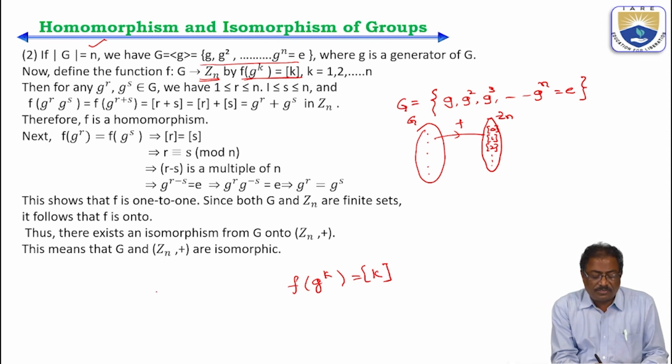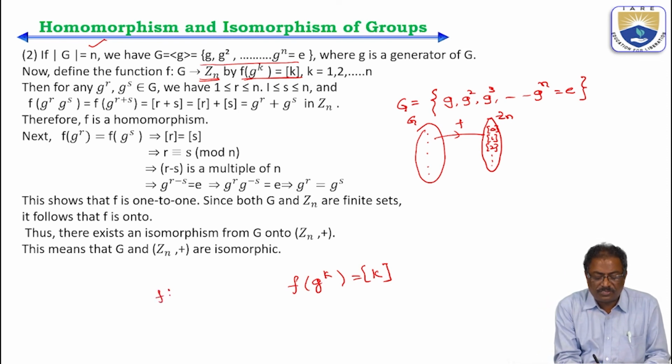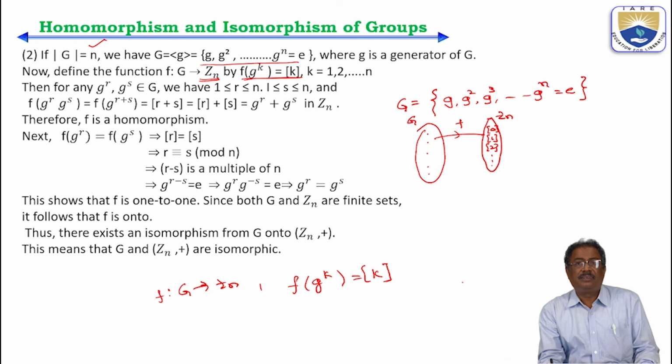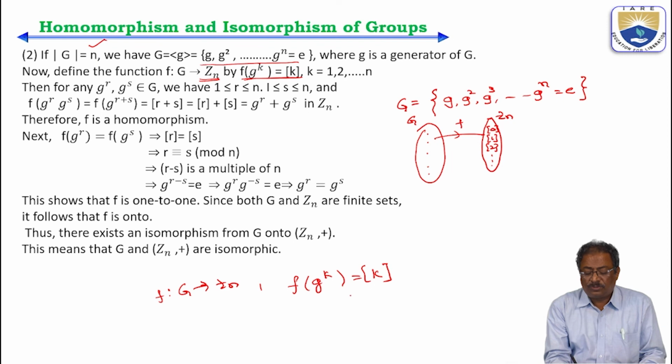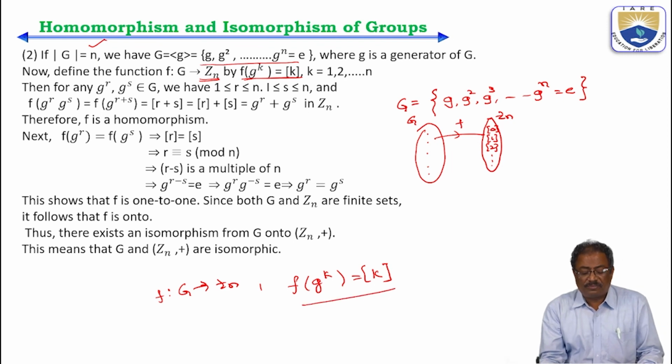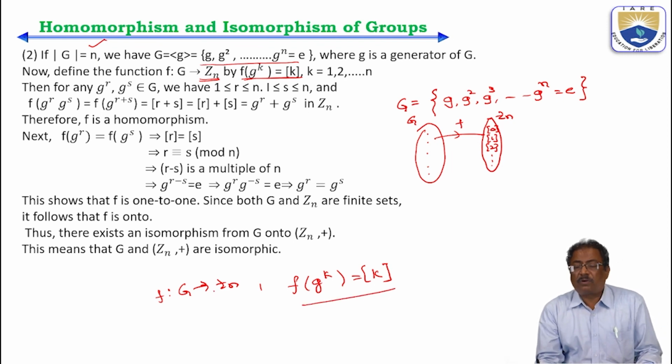So f is a function defined from G to Zn like this. Once again, we have to verify the homomorphism, one-oneness and ontoness. Then we can say that G is isomorphic to Zn.